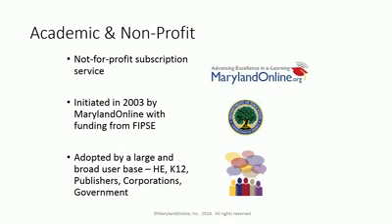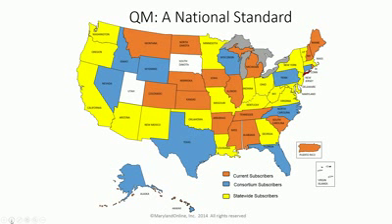It's been an iterative, continuous improvement process over the last 11 years to develop a strong set of standards that have been adopted by many different institutions and organizations, from higher ed to K-12 to publishers and government and corporate and other Fortune 500 organizations.